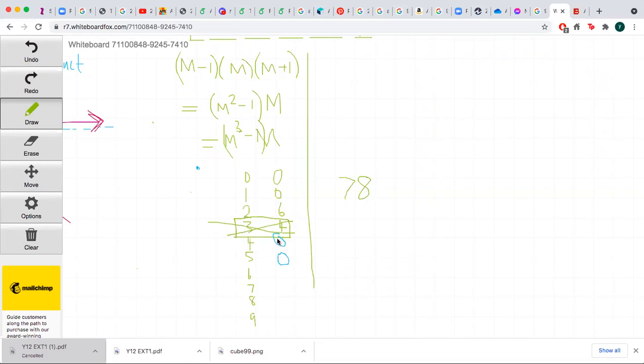Yeah, last digit is 4. 4 cubed is 64 minus 4, so last digit 0. 5 cubed, 125 minus 5, 0. 6 cubed is 216 minus 6, last digit 0. 7 cubed is 343 minus 7, which has last digit 6. 8 cubed is 512 minus 8, which has last digit 4, which is yay, because we need our last digit to be 4.